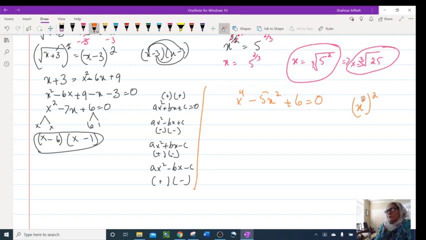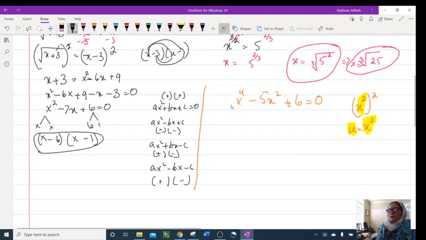I'm going to pick a letter u, and this u is equal to x squared. So this x squared that I have inside, that is equal to u. Pay attention. This u is equal to x squared, not that 2, okay? That's x squared. Okay, let's do that.